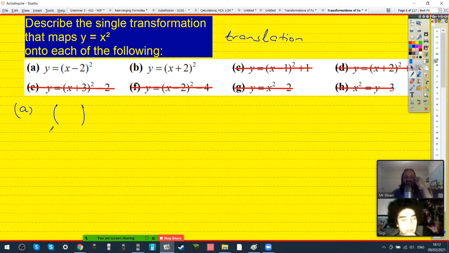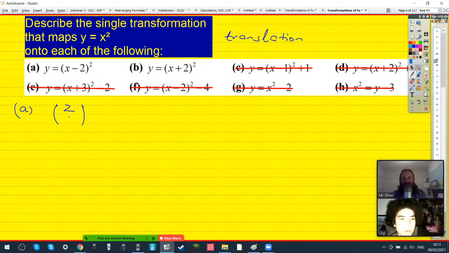If x is replaced by x minus 2, what will happen to all the x's? You add 2.